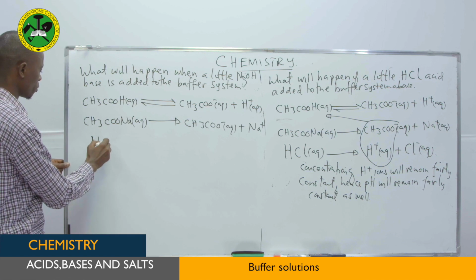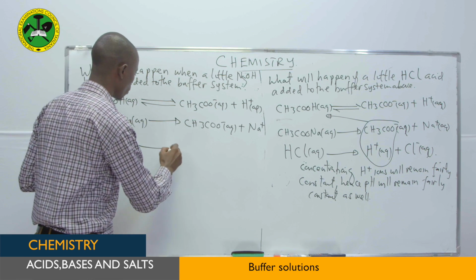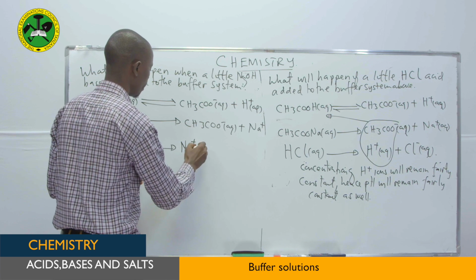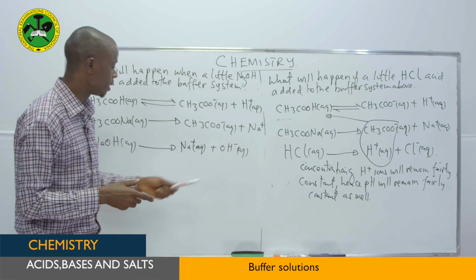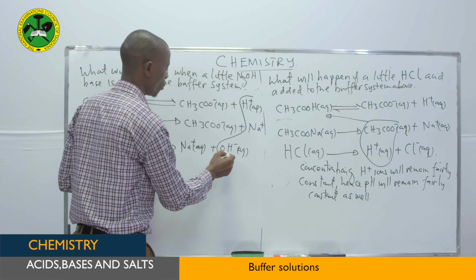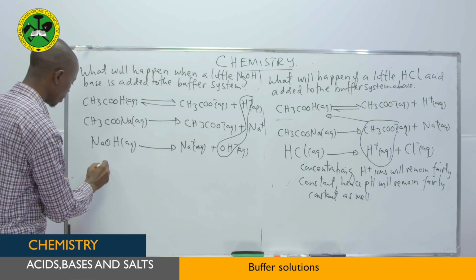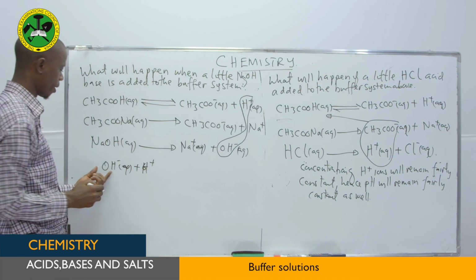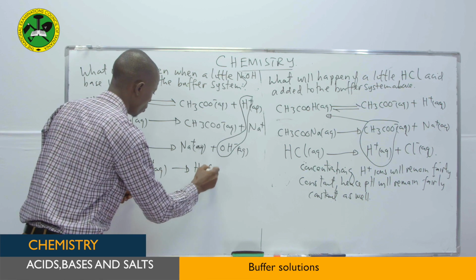Now, addition of sodium hydroxide, which is also a strong base, will ionize completely, producing the sodium ion and hydroxide ion. Now, the hydroxide ion in the solution will combine with this hydrogen ion. When they combine, they will form water. So hydroxyl ion and hydrogen ion will combine together. This one will form water.